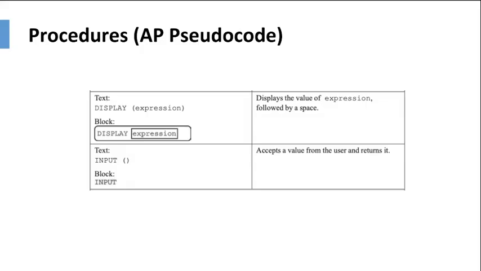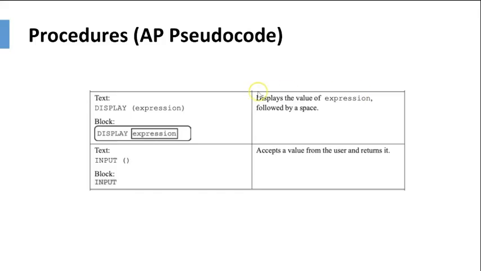So when you use Scratch, most of the blocks that are in there are actually procedures, right? Someone had to write the code behind the scenes to make the cat move across the screen just when you use the move procedure. Similarly, in the AP pseudocode reference, you have some procedures that the College Board has given you that you can use without really having to know how they work behind the scenes.